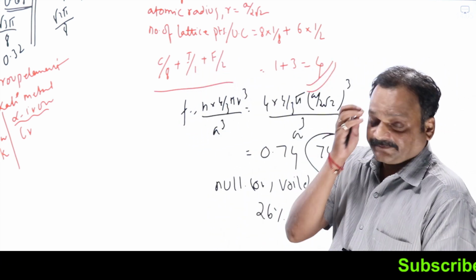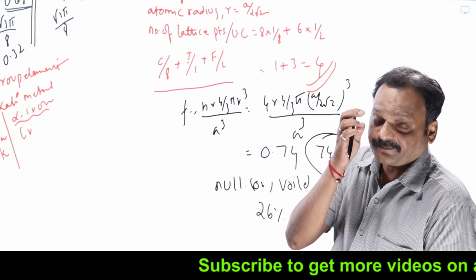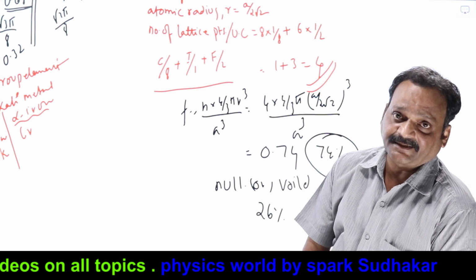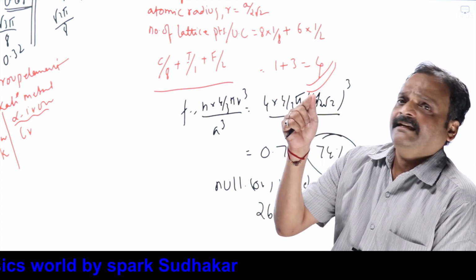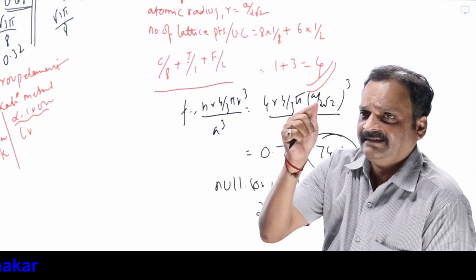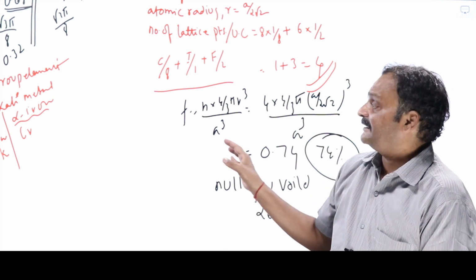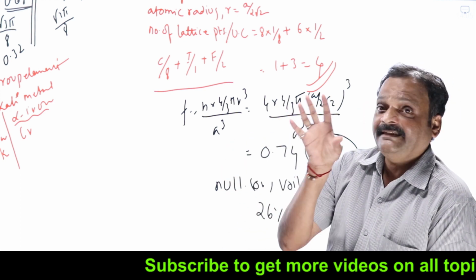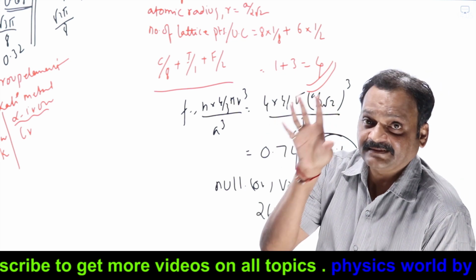So I told you nature prefers close packing. Simple cubic is a very loosely packed structure, that's why only one element in the entire periodic table crystallizes in simple cubic form. BCC is somewhat better with 68% occupancy; about 13 elements crystallize in BCC structure.